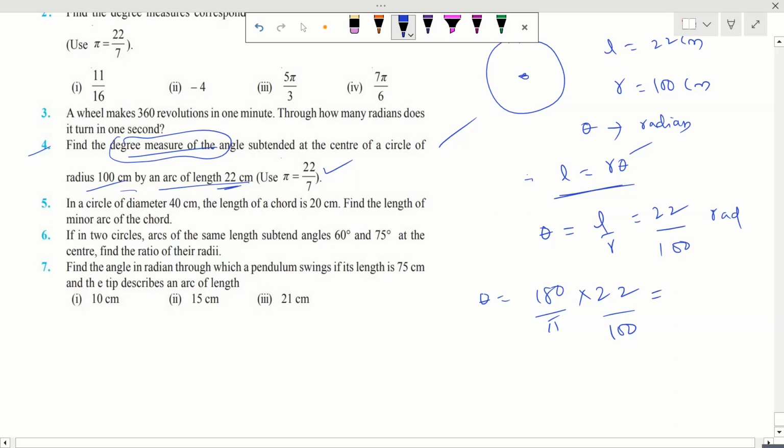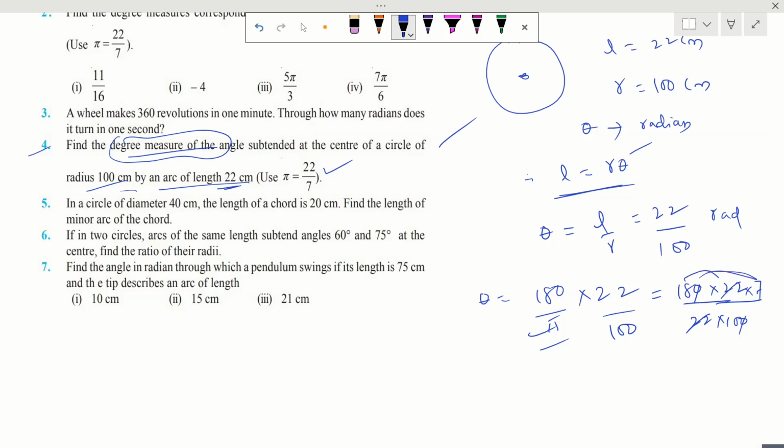If we put the value of pi here, it becomes 180 into 22 divided by 22 by 7, with the 7 written on top, and then 100. Here the zeros get cancelled, 22 and 22 get cancelled, and 18 into 7 becomes 126. Then 2 5s are 10, 2 9s are 18, and 9 7s are 63.